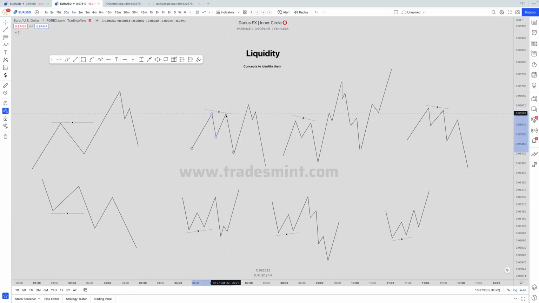So this is the difference right now between this form of liquidity and this form of liquidity, because here the high is lower than this. Here the next one is higher than the first one. This is super important to understand. This is how you can recognize which scenario you are currently in.